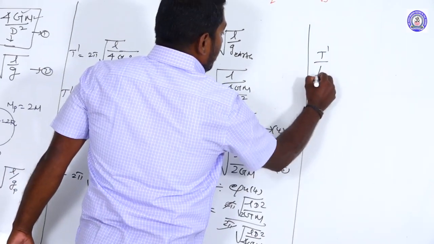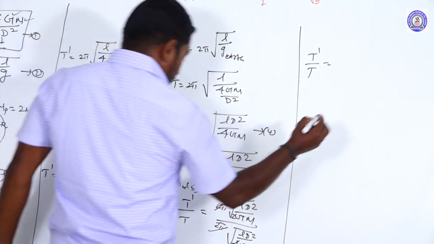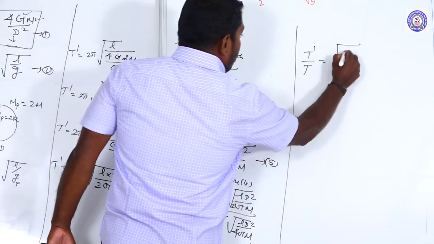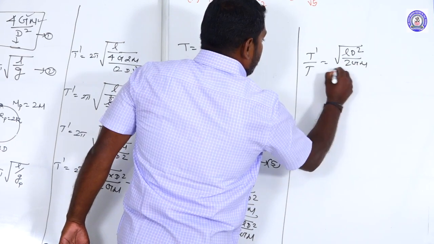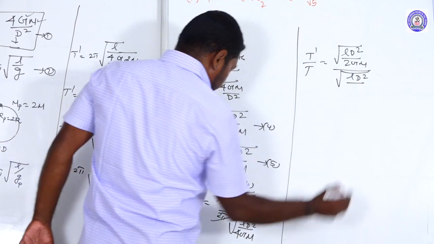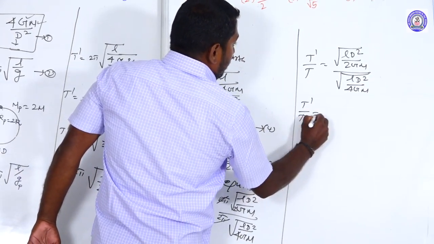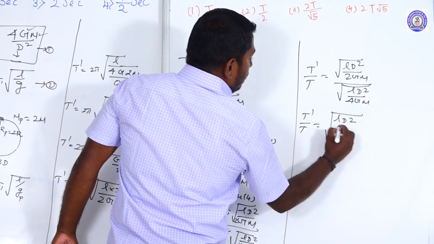Then T prime divided by T is equal to square root of L d square divided by 2GM divided by square root of L d square divided by GM.